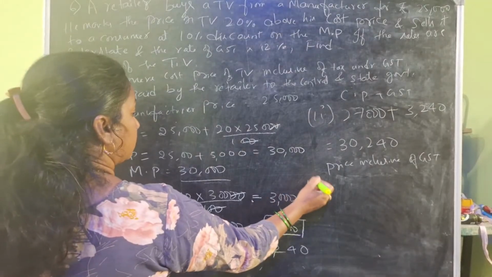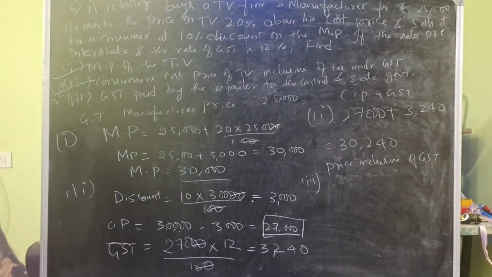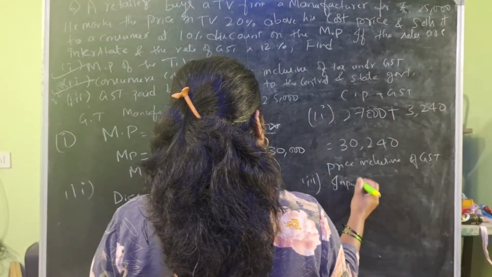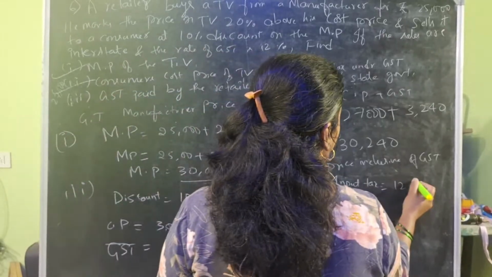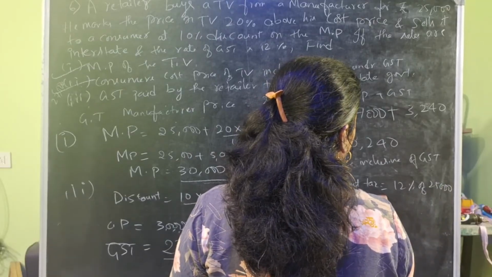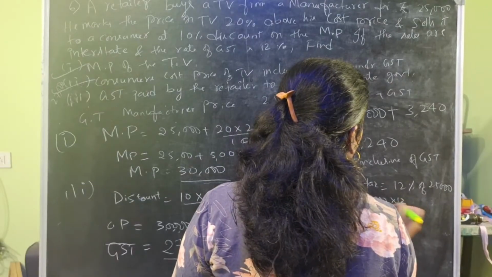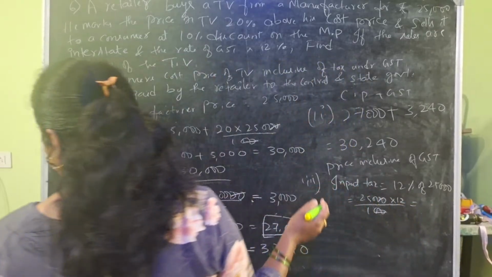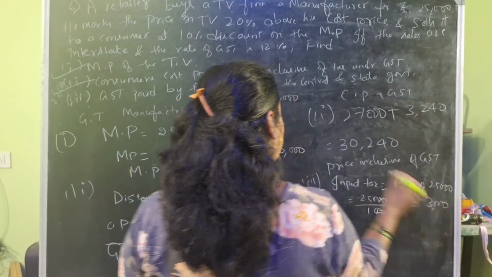And again for the third question, input tax is equal to 12% of 25,000, which is equal to 25,000 into 12 divided by 100, which is equal to 3,000 that we have already calculated.